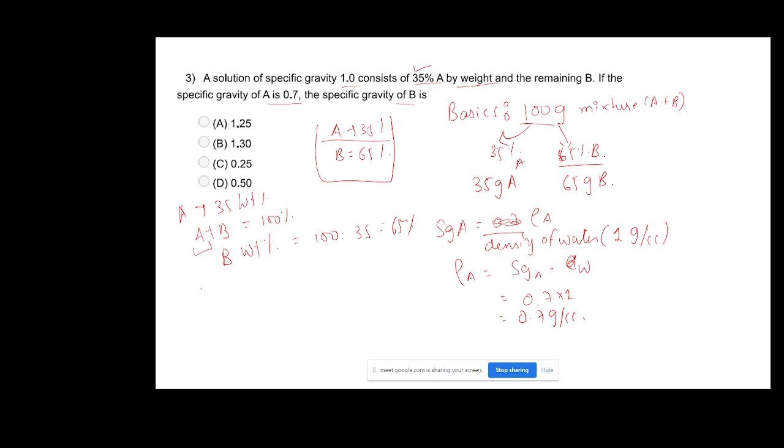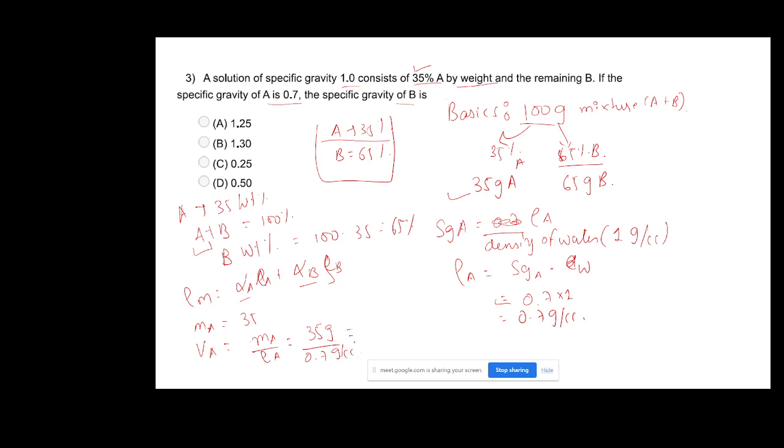Now, I had given one equation, which is rho m equals the volume fraction of A times rho A plus the volume fraction of B times rho B. But here we don't know the volume fraction; we have taken weights and we know the density of A. The mass of A present in the mixture is 35, so we can calculate the volume, VA, equals mass of A divided by density of A, which is 35 grams per 0.7 gram per cc.